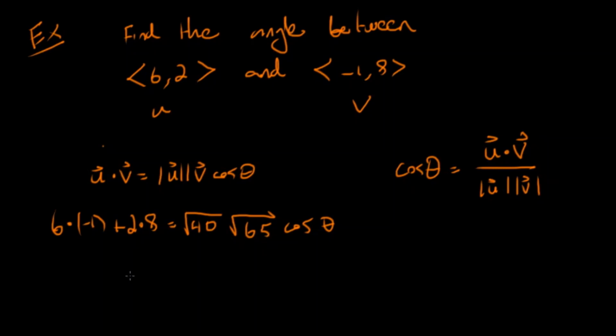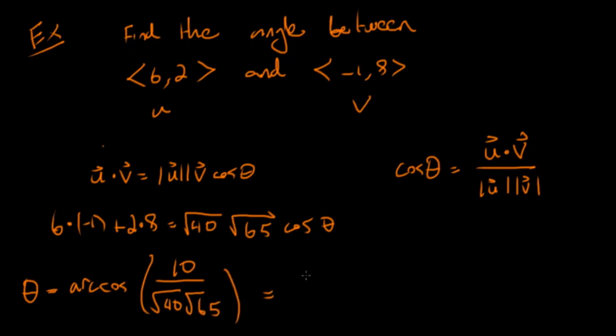All right, so what does theta end up being? Theta is the arc cosine of negative 6 plus 16. Let's just go ahead and do that. That's going to be positive 10, divided by the square root of 40 times the square root of 65. And if I evaluate that, I'm going to get, in degrees, 78.69.